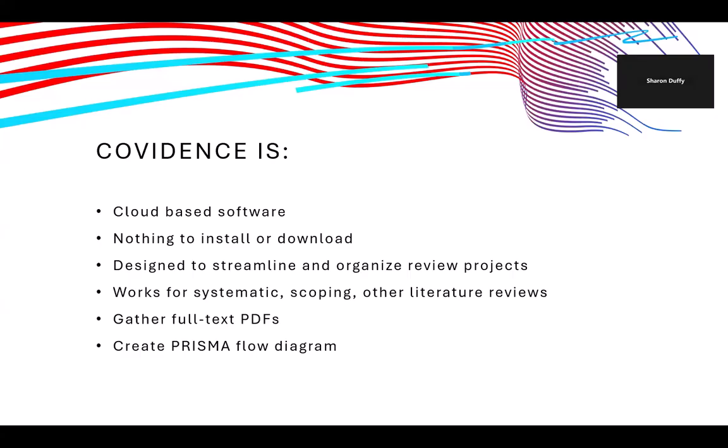It is a good place to gather your full text PDFs in one location. If you've done a literature review project, you know that's sort of a separate beast to manage. So Covidence has that kind of built into it. And then if you're doing a systematic or scoping review, it will generate that PRISMA flow diagram that you will need to show your work, show your process when you go to publish and present your results.